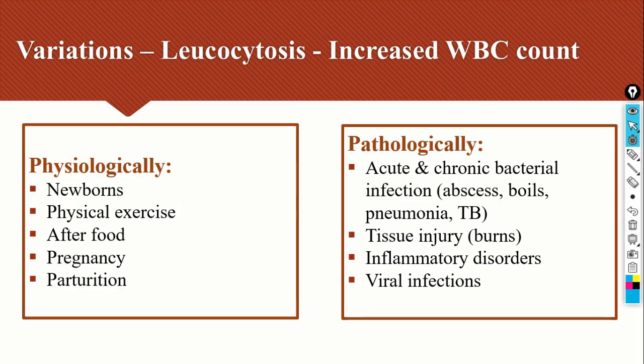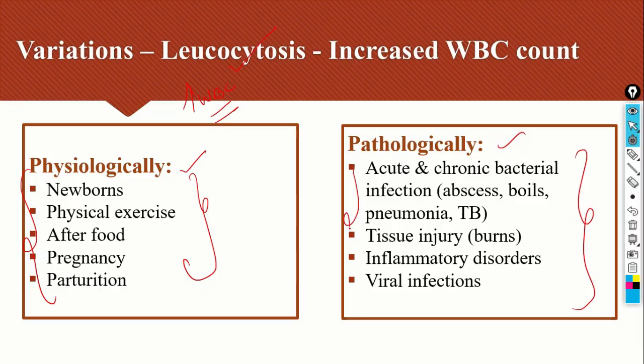Now variations: leukocytosis. We ask the question, what is leukocytosis? You have to say increased WBC count. Physiologically, where will you note the WBC increase? And pathologically, what are the conditions?